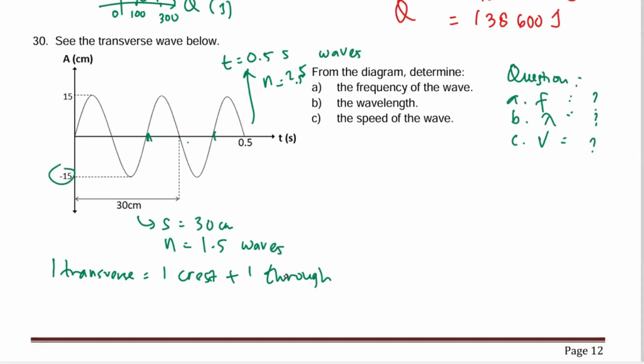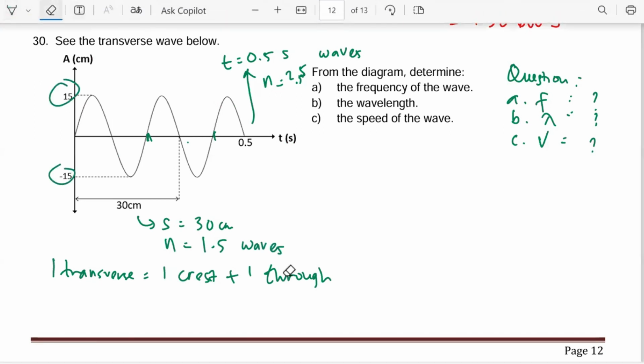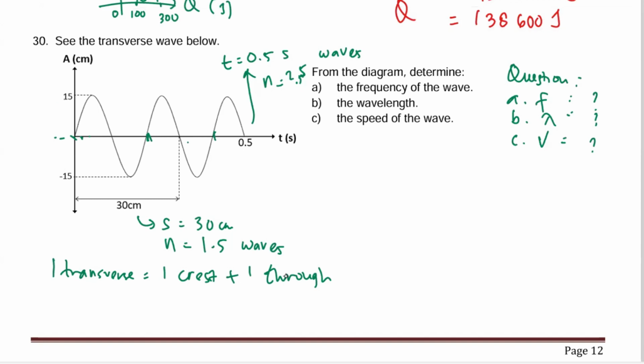And what is this number? This number is telling us the distance from the equilibrium position or the undisturbed position, so it's the amplitude. Now how do we count the frequency, the wavelength, and then the speed?